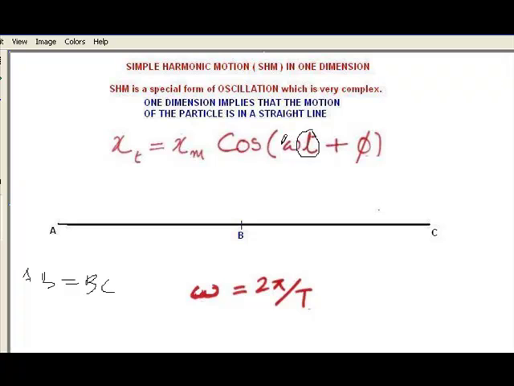Well, this omega is called angular frequency. Now don't worry if you do not understand these terms, we will derive this equation and we will make these terms clear. But what is this angular frequency? Angular frequency is equal to 2 pi by T. Now what is T? T is the time for this particle to cover one cycle.